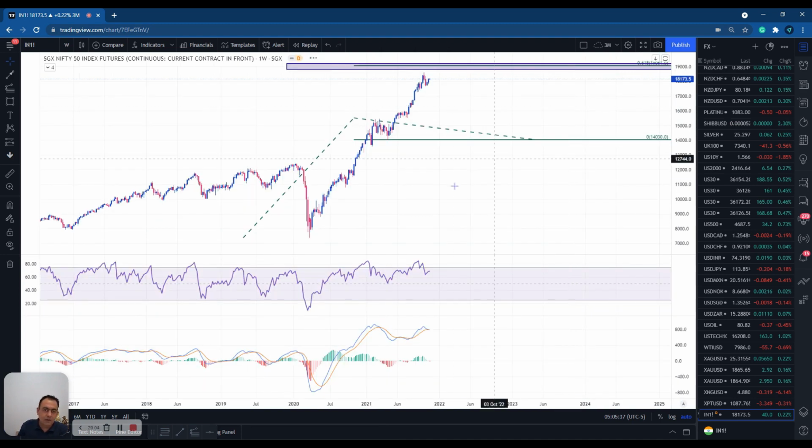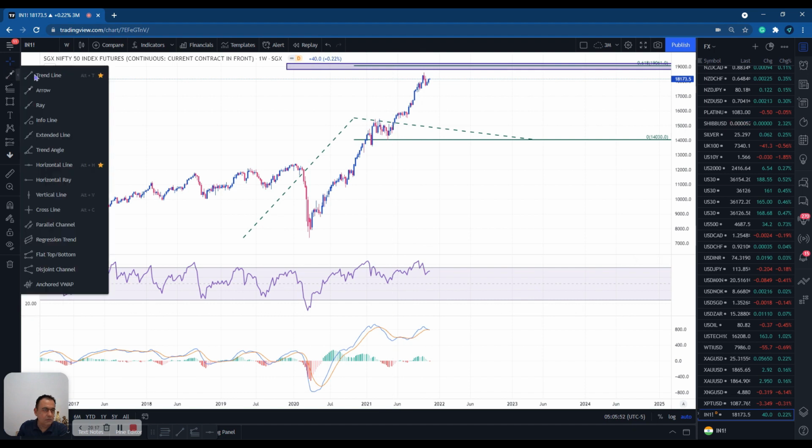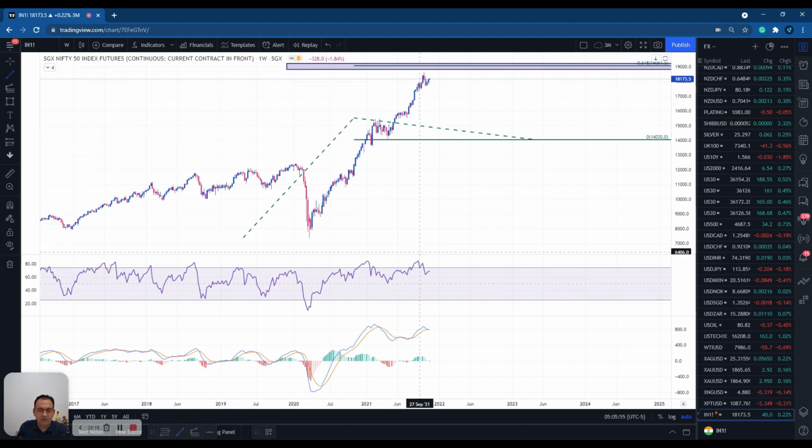Let's go to weekly. Weekly, the RSI is definitely in the overbought territory. Number two, it's making bearish divergence. Check.